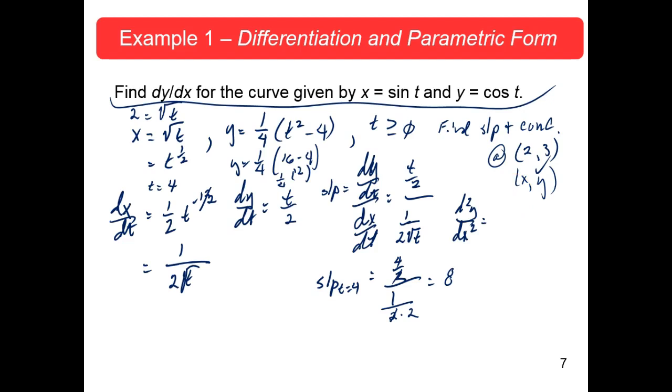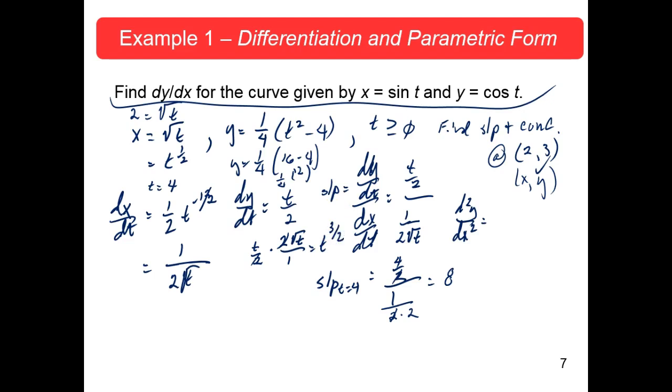First, let's clean this up a lot. The dy dx, I didn't do it before because it was really easy to plug in. This is going to be t over 2 divided by this, which is times 2 root t over 1. The 2's go out, and this is t to the 3/2.